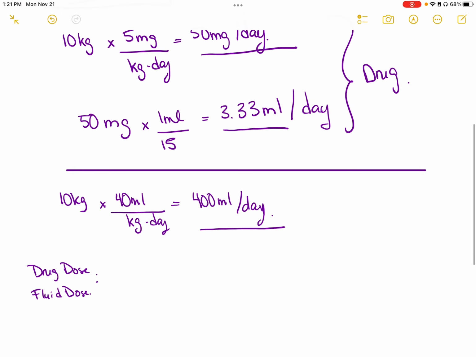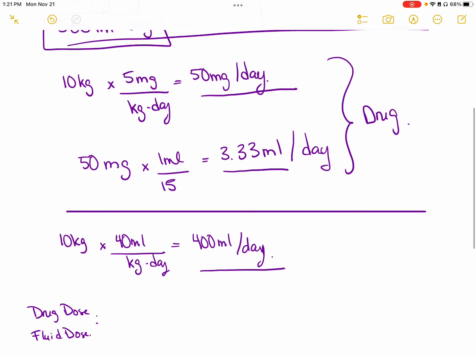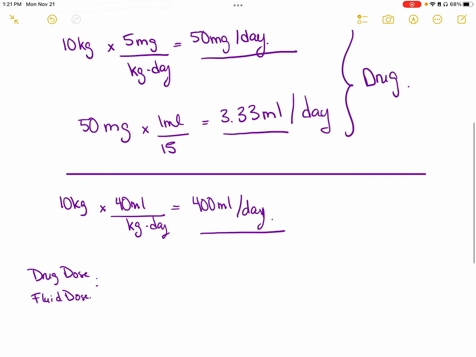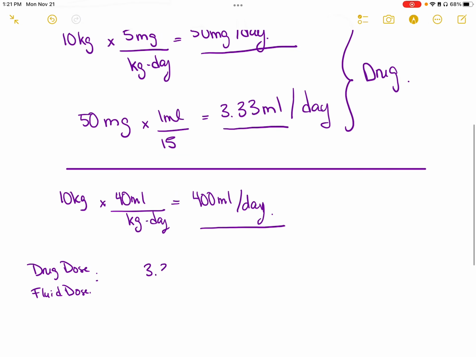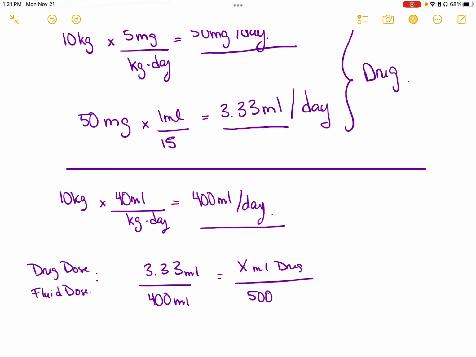Okay, so if we have 3.33 in 400, which equals X amount of mLs for our drug in a fluid volume of 500 mLs of our fluids, because that's how large the bag is, okay?